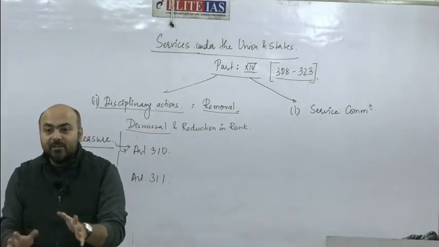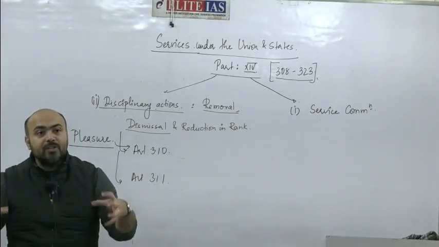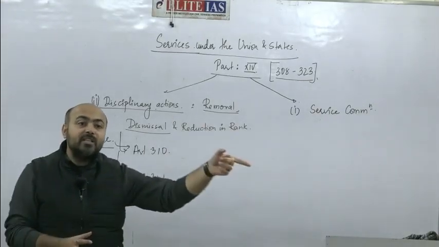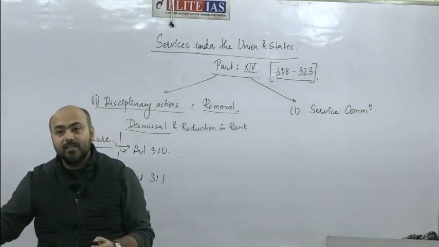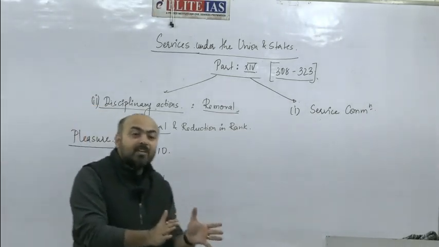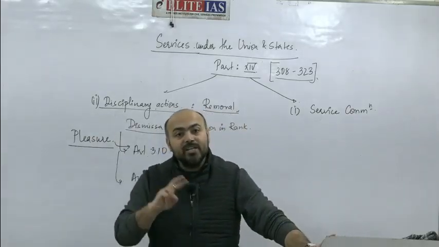The service of an IAS was called ICS, Indian Civil Services, during the British period. Similarly, IPS was then called Indian Police. So both of these services were in existence.